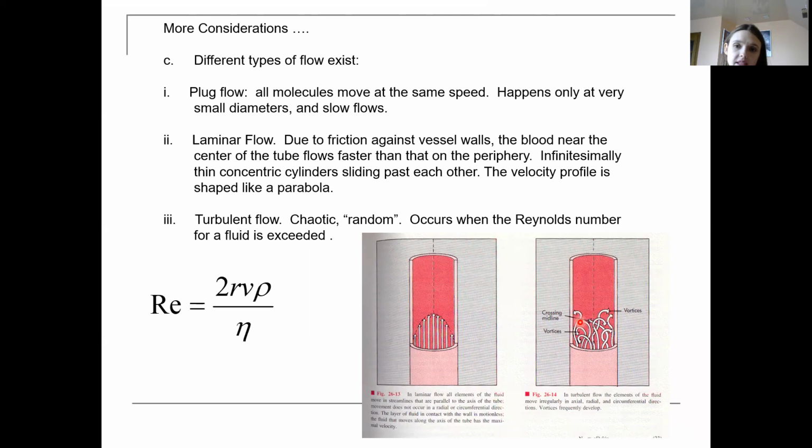The blood near the center of the tube flows faster than on the periphery, as we discussed. Infinitesimally thin concentric cylinders slide past each other. The velocity profile is shaped like a parabola. And the turbulent flow, chaotic and random, occurs when the Reynolds number for a fluid is exceeded.